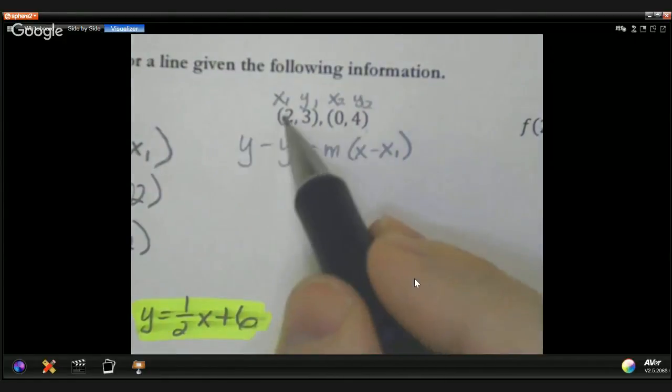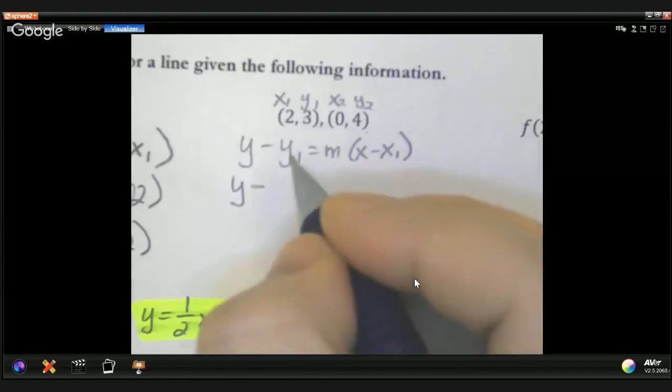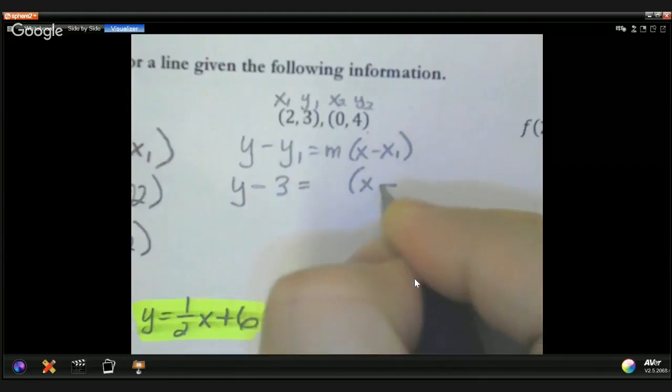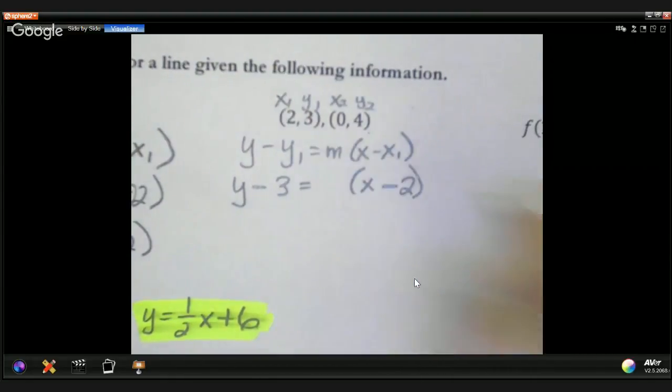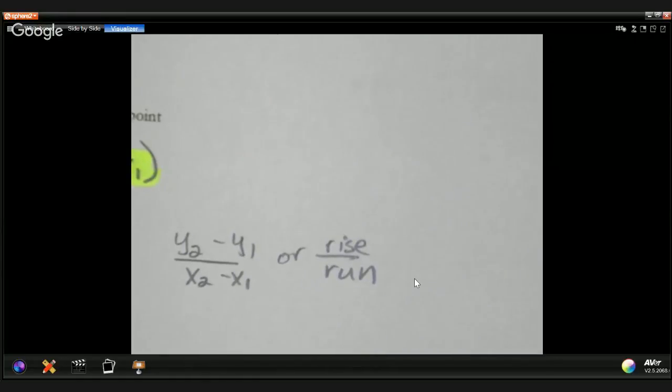So I know my y1 and my x1, so it'll be y minus my y1, which is 3, and x minus my x1, which is 2. The issue is I don't know my m. So when you don't know your m, you either have to use the slope formula or you have to count rise over run.